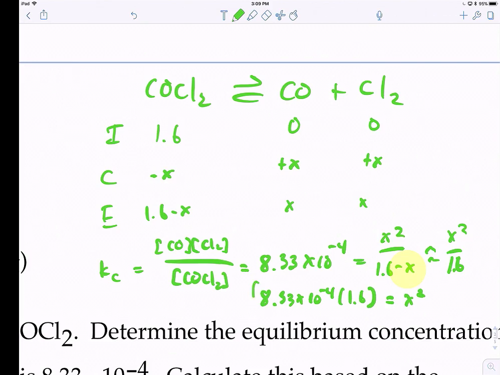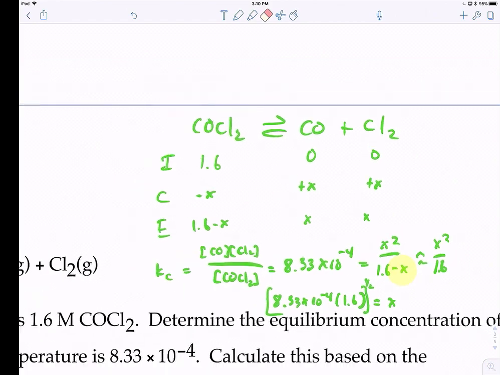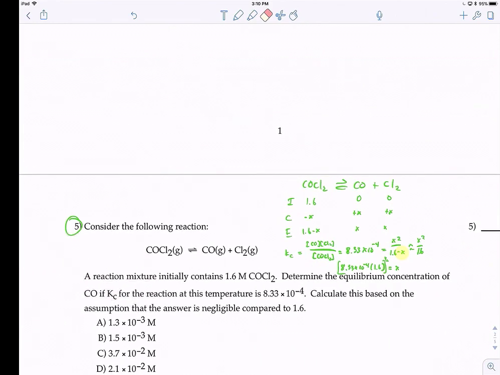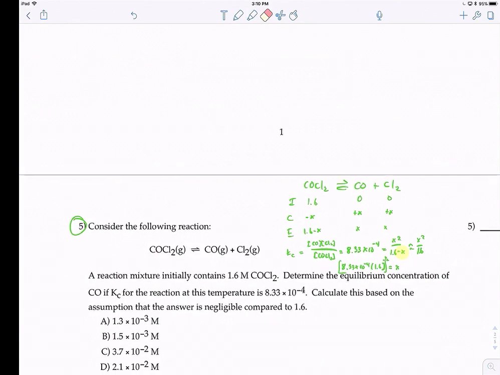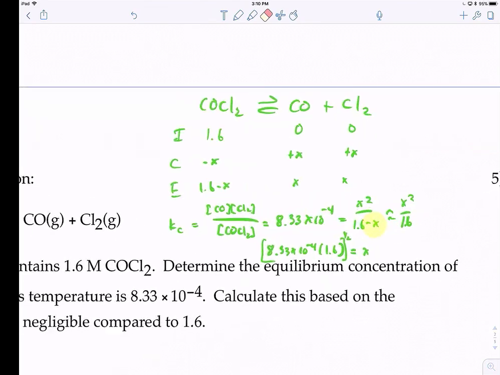And you can take the square root of both sides to get the number x. And x is in fact the equilibrium concentration of carbon monoxide. So the answer is just x.